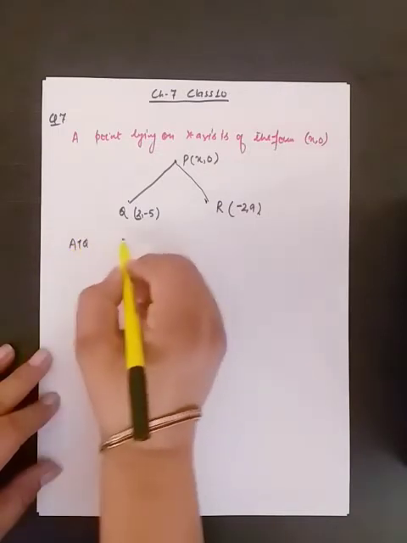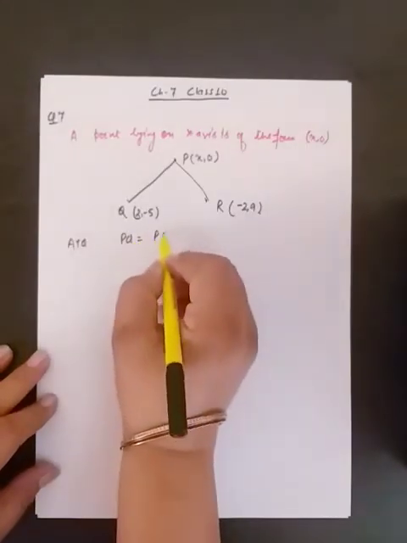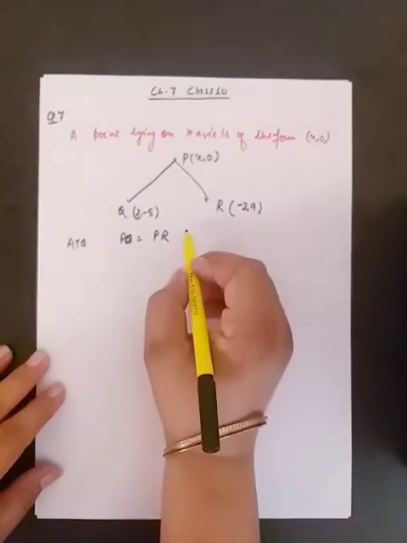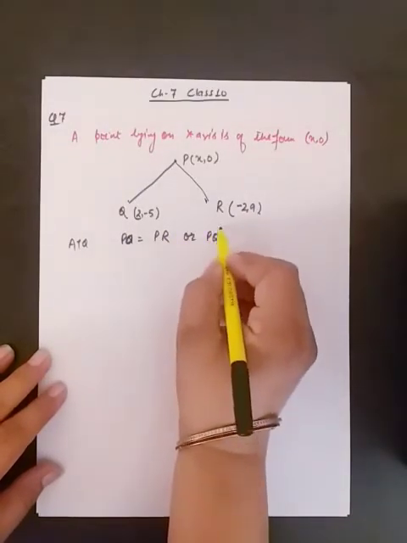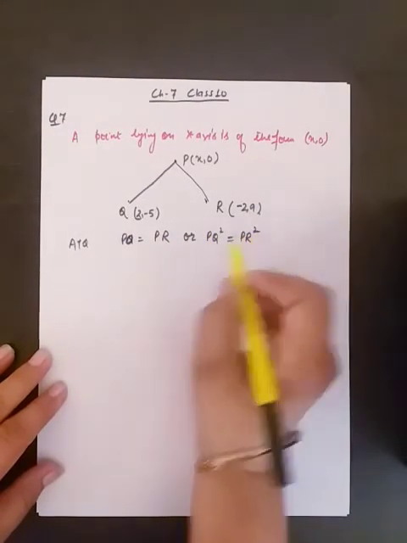According to the question, PQ is equal to PR, or we can say PQ square is equal to PR square.